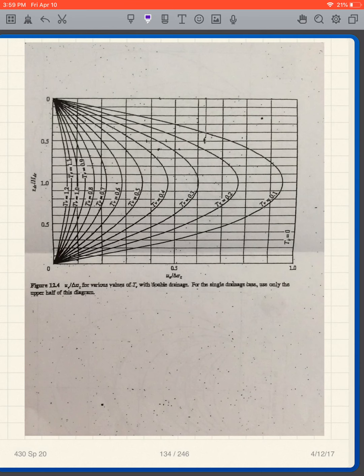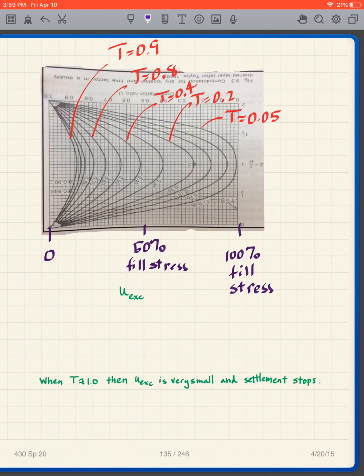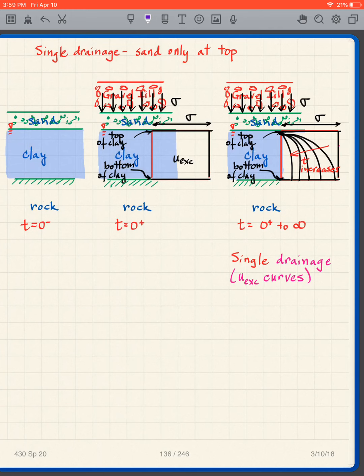If I look at this one, here is T equals 1.0. The UXS is not 0, but it's getting close to 0. So for most of the time, we just say, when capital T is 1, we're about done with settlement. Because as we know, UXS is 0 at time infinity.